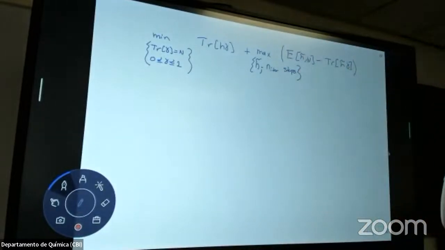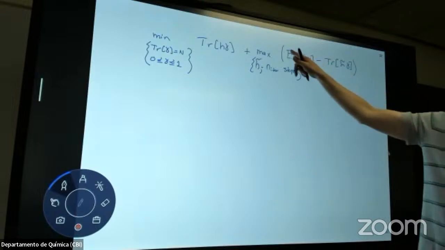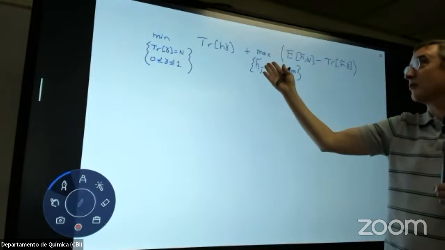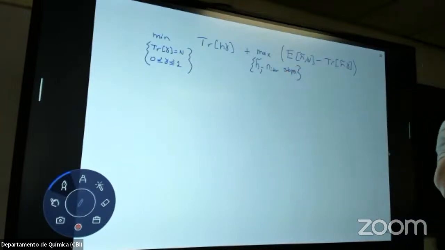So this is my functional, right? And the only thing I did is I said, well, this is a supremum. I'm going to do this numerically, right? Which means I'm going to only run so many steps. I'm going to have a maximum number of iterations that I'm willing to run, right? It can be 1,000, it can be 10,000, whatever it is, it's a certain number of iterations.